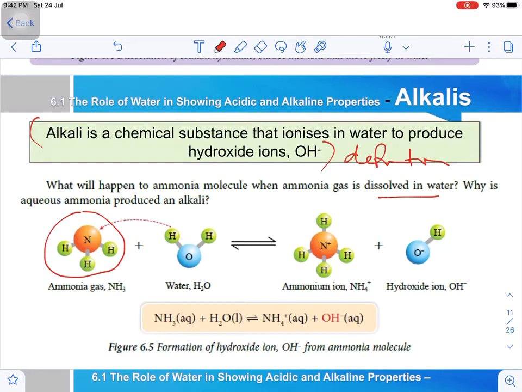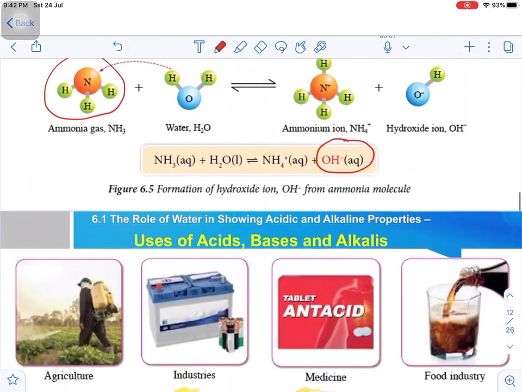Hydrogen from water will make a dative bond with ammonia to form an ammonium ion, and water will become a hydroxide ion. So this reaction will produce hydroxide ion, which gives alkali properties. So in this situation, same as acid, they need water to show their alkali properties.